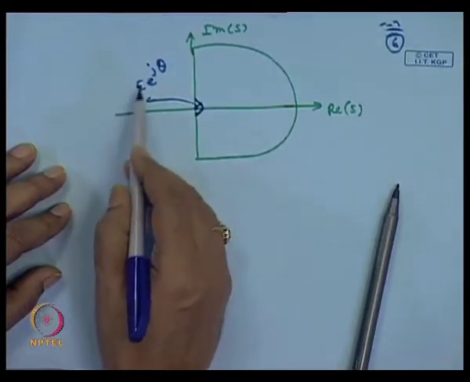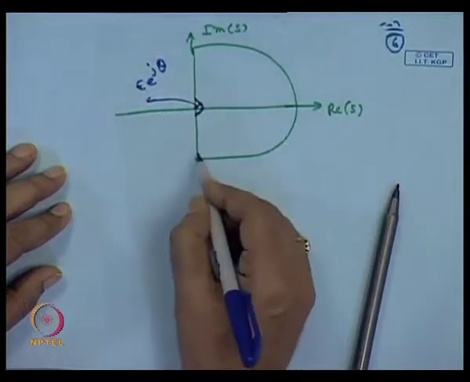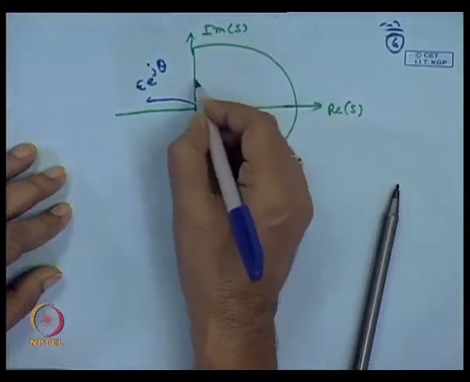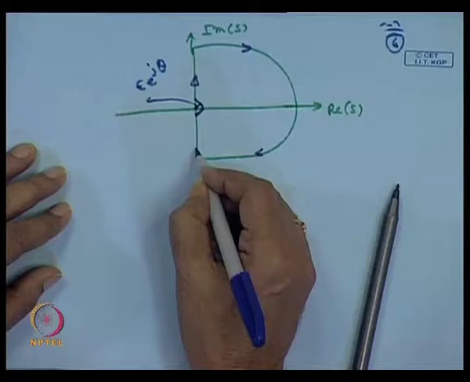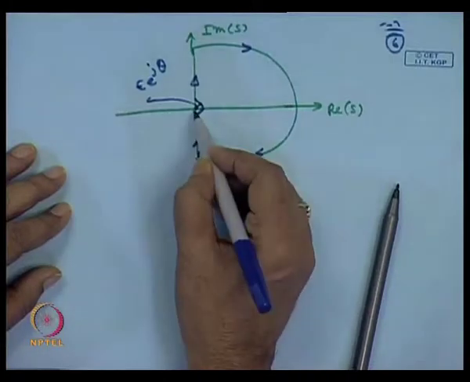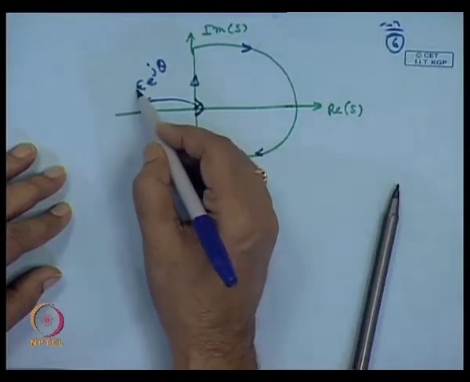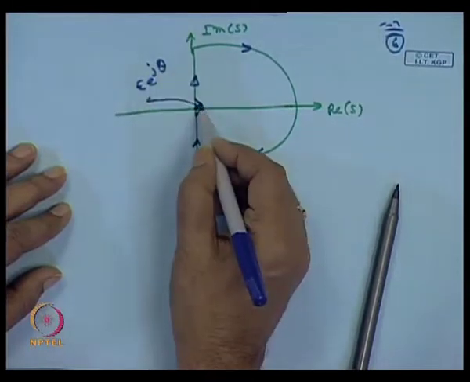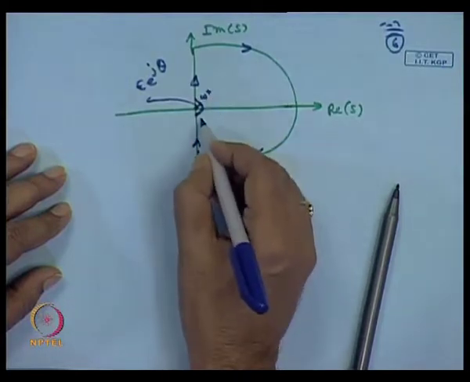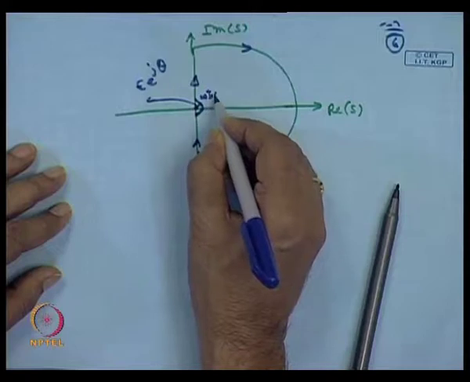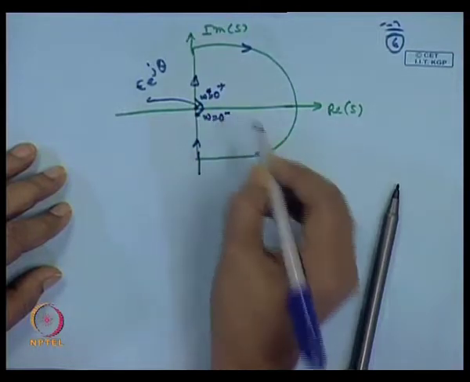When we put the limiting value and evaluate the function along the Nyquist path, this is the Nyquist path. Omega is equal to 0 plus, and this is omega is equal to 0 minus.